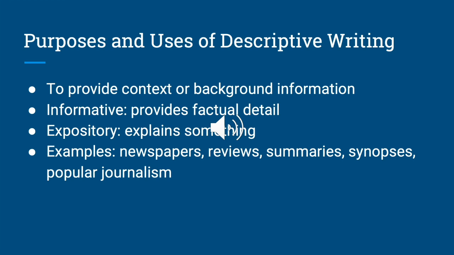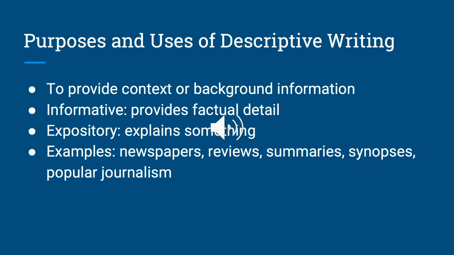So descriptive writing doesn't necessarily mean that it's bad or badly written, but it has a specific purpose. You could use descriptive writing to provide context or background information. Descriptive writing is primarily, as I've mentioned before, informative. It provides factual detail. Descriptive writing is also something that we call expository.